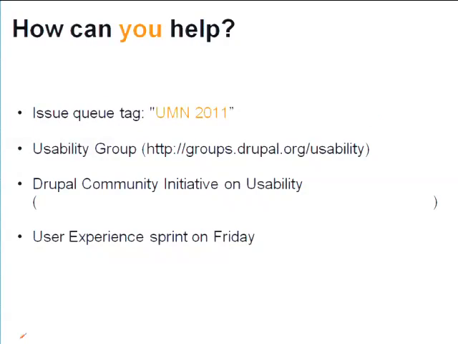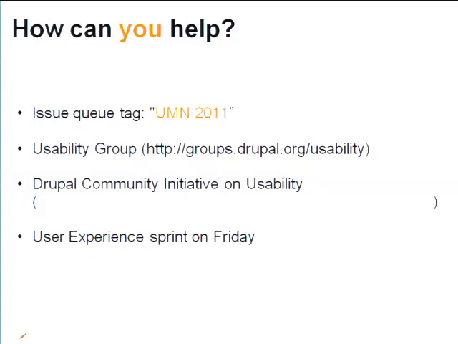Everything that we found or validated should be tagged in the issue queues with the UMN 2011 tag. So if you're interested in looking at the statuses of any of those issues, you can filter on the issue queue by that. There's a usability group on groups.drupal.org.